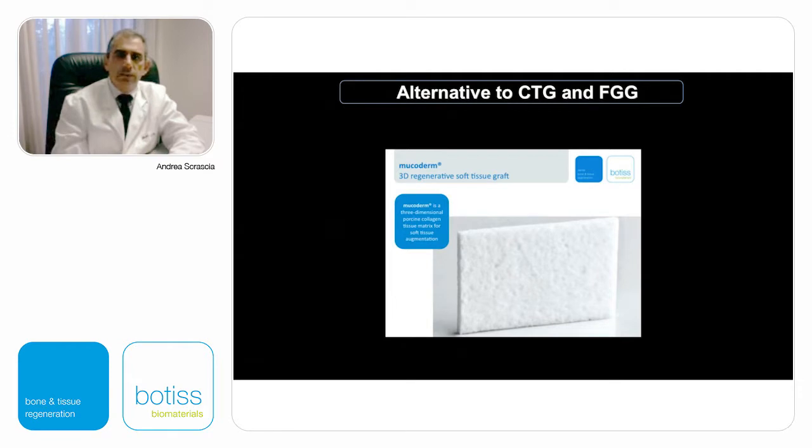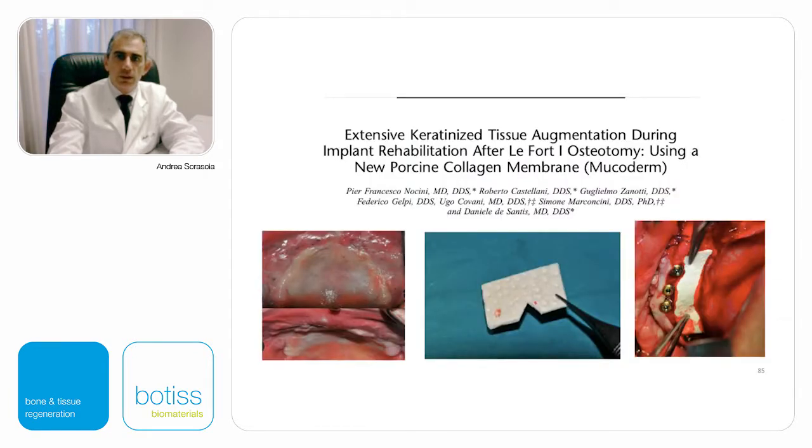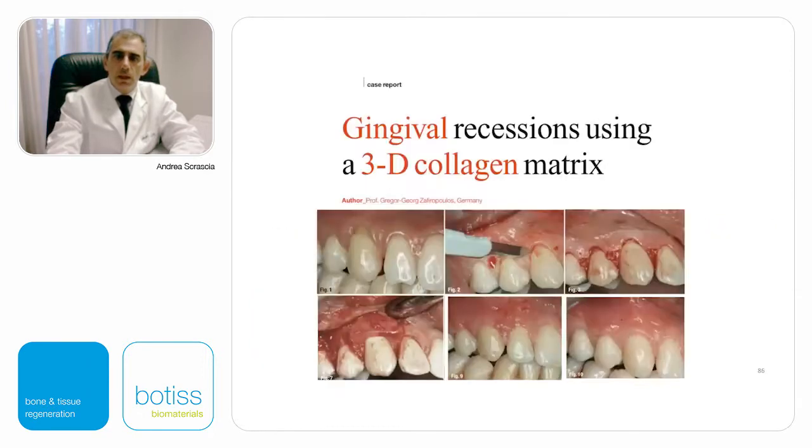An alternative to the connective tissue graft and free gingival graft that I have been using is the Mucoderm porcine collagen tissue matrix. There are many studies showing the possibility to use this type of membrane to augment the volume and quantity of keratinized tissue.